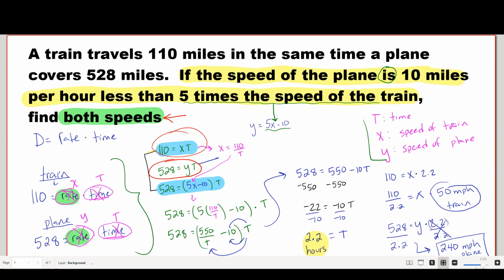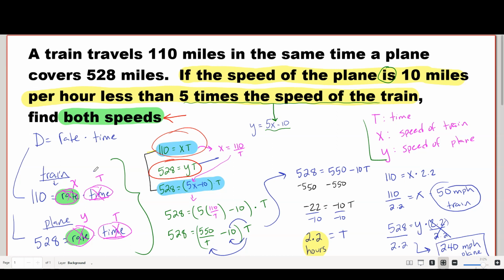And then we had two things there, a train and a plane, and we wrote out using the formula that we already knew how the distance and rate and time relate. And then we had to think about, all right, let's make some variables here. What do we not know? And so then we defined some variables, t and x and y, and then we went from there.